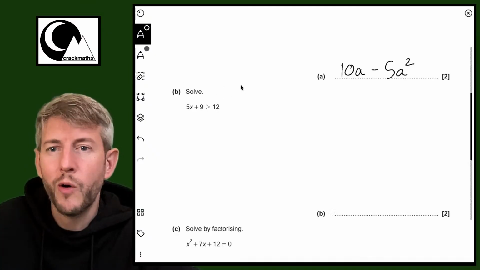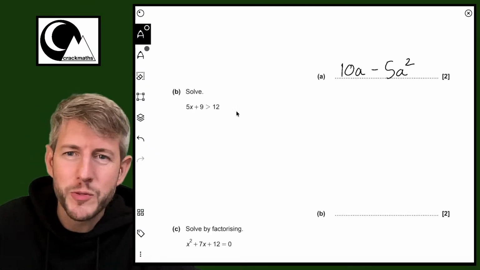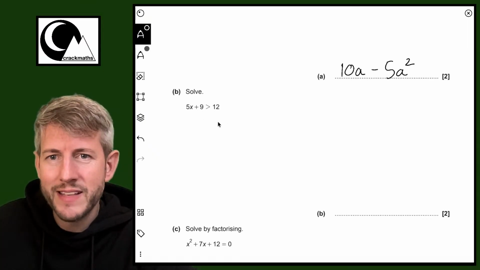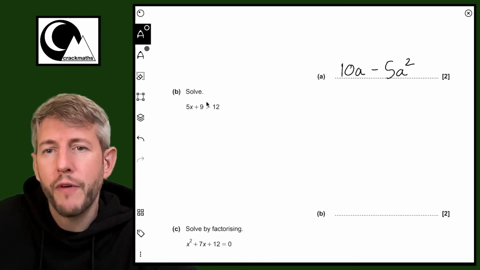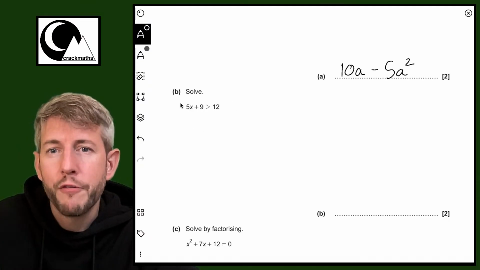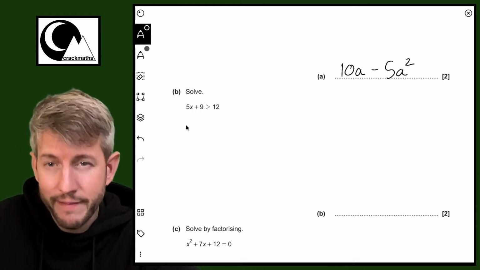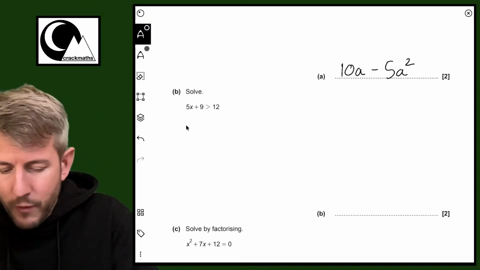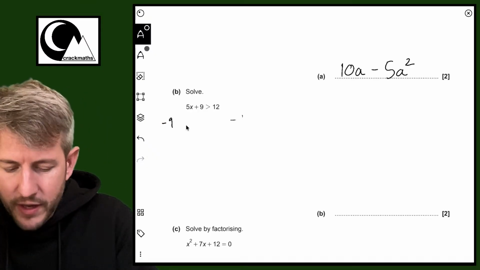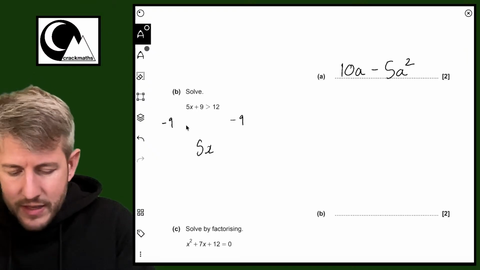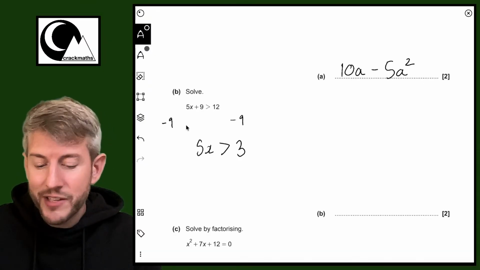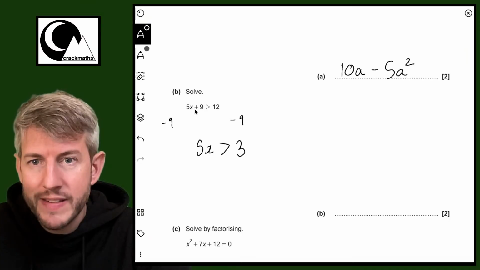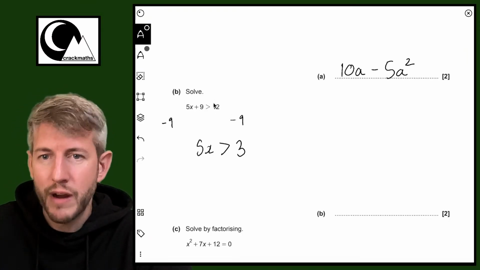Right, let's have a look at part B. Part B says solve 5x plus 9 is greater than 12. We've got to find out what 5x must be. If 5x plus 9 is greater than 12, 5x has to be greater than 3. We can say we've taken away the 9 from both sides, so we get 5x is greater than 3. 5x has to be greater than 3, because if it's less than 3, it won't make a value that is greater than 12.